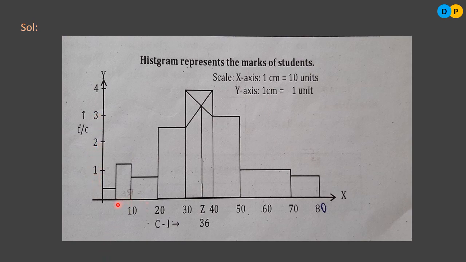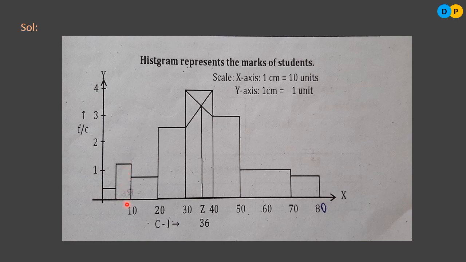First of all, we will erect the rectangular bars. For the class interval 0 to 5, what is the frequency density? 0.4. Next, for the class interval 5 to 10, the frequency density is 1.2.